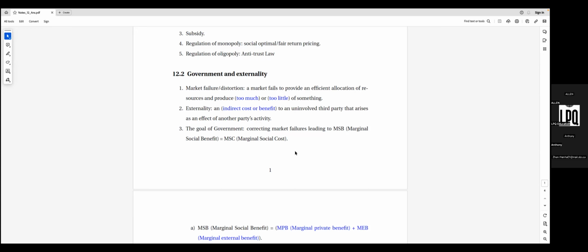But for some other things, your private consumption behavior, the things you purchase, the services you buy, sometimes can generate positive effects, good effects, once again for the people around you.